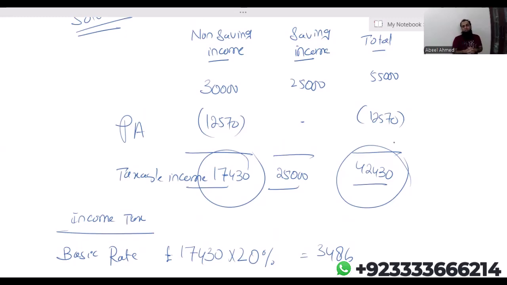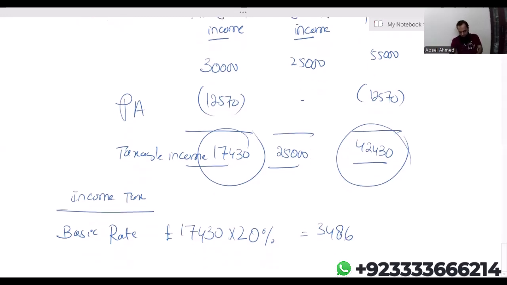The limit of basic rate band is 37,700, and this individual is having total taxable income more than 37,700. So that is why this individual is a higher rate taxpayer. And whoever is a higher rate taxpayer gets nil rate band £500 for the saving income. So let's go for that.